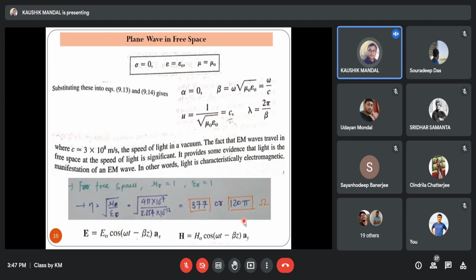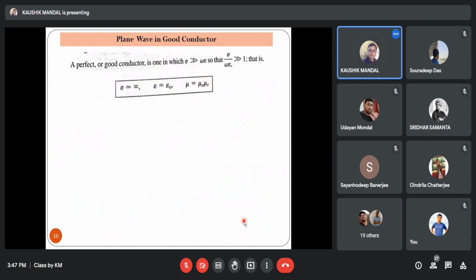So with this basic discussion, now we will consider the wave propagation in a good conductor. For a perfect conductor, we have already mentioned the conductivity. Sigma tends to infinity, epsilon equals epsilon naught, and mu equals mu naught into mu r, and sigma should be much greater than omega epsilon.